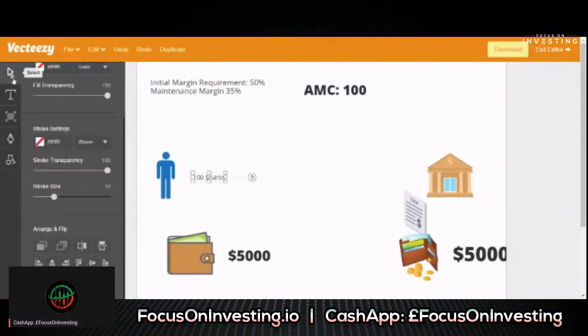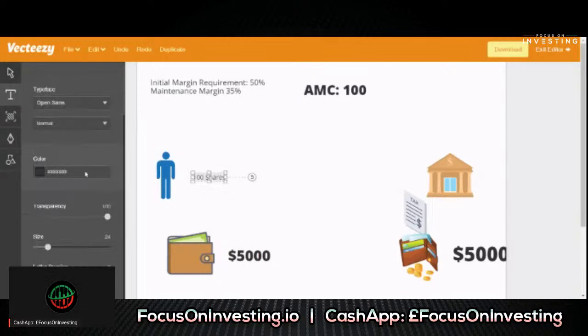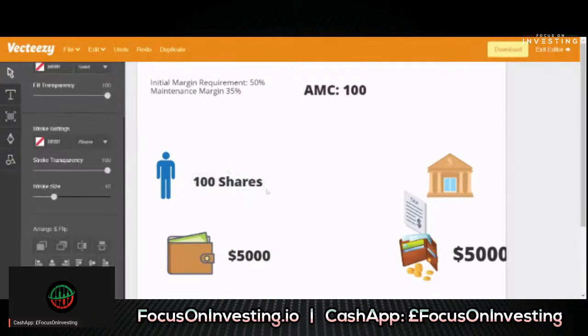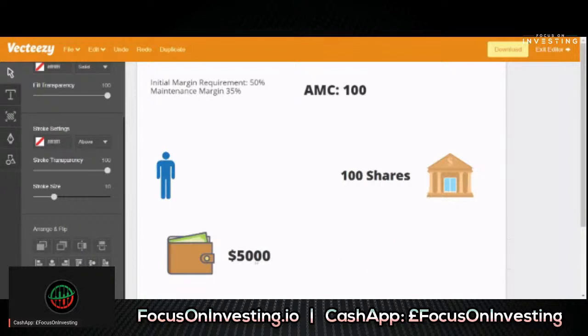Neil then sells his 100 shares to an institution. So 100 shares have been sold.